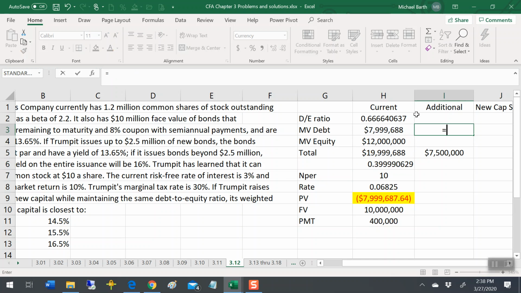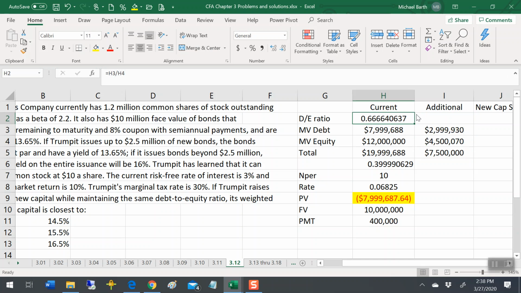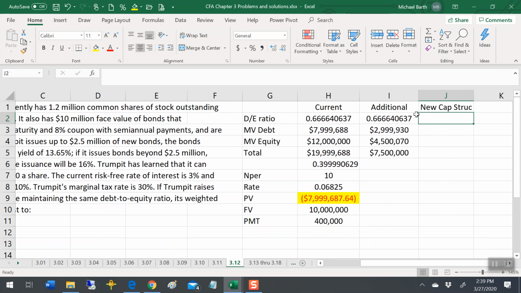So they're going to have to add that much additional debt, so the new stuff will come in at roughly $3 million of debt, $4.5 million of equity. I'll just leave these numbers the same because if I bothered around, we might get cleaner numbers, but it's a spreadsheet and I don't care.